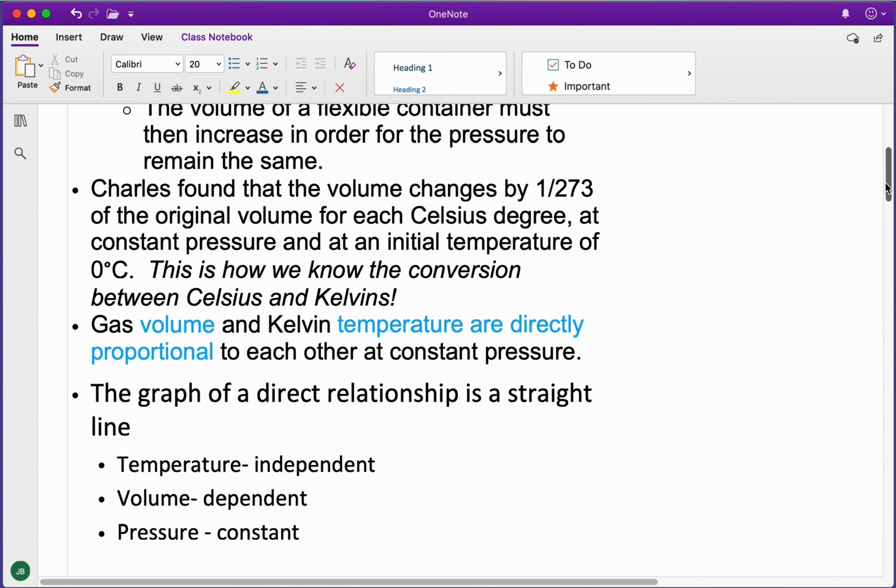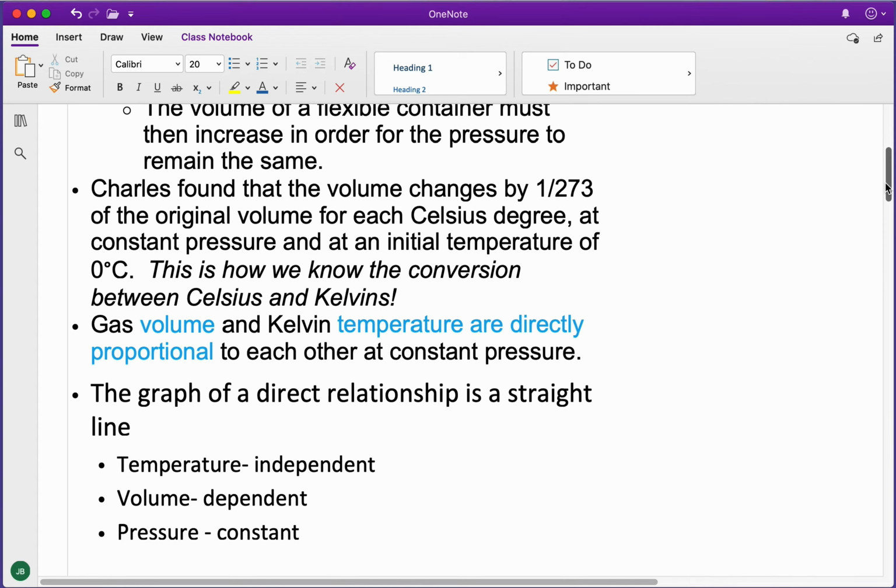Gas volume and Kelvin temperature are directly proportional to each other at constant pressure. So this gives us the direct relationship. Notice that we are using Kelvin temperature. So when you are doing Charles's law, you do need to have the temperature in kelvins.